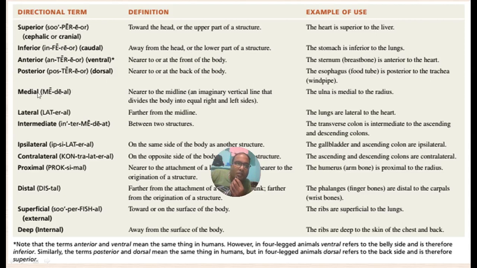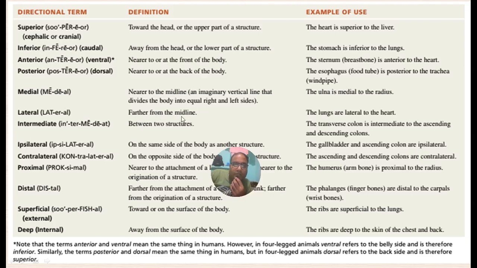If we are talking about nearer to the midline, an imaginary vertical line that divides the body into equal right and left sides, we will use the term medial. For example, the ulna is medial to the radius. Lateral, the lateral direction, lateral position, means farther from the midline.